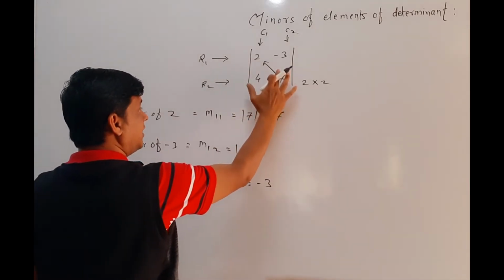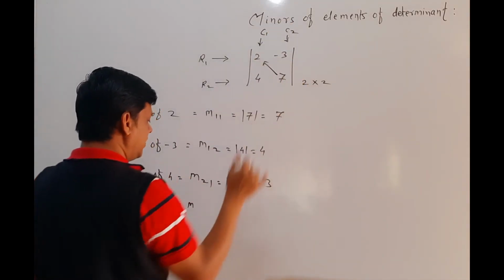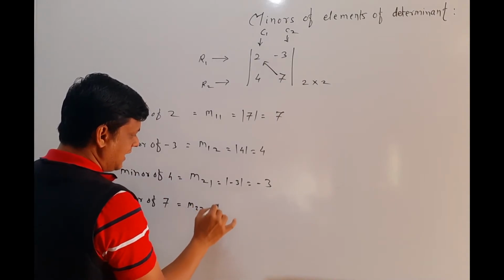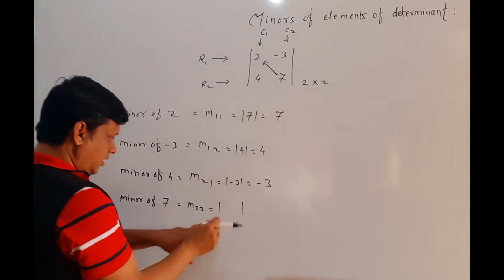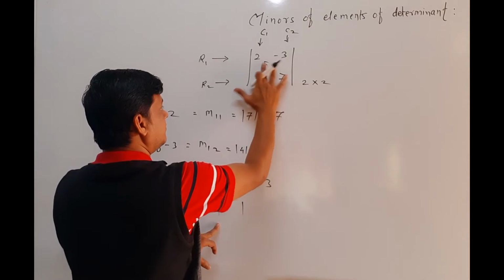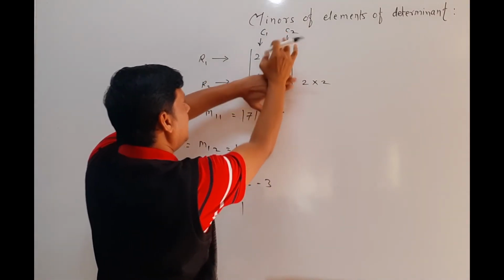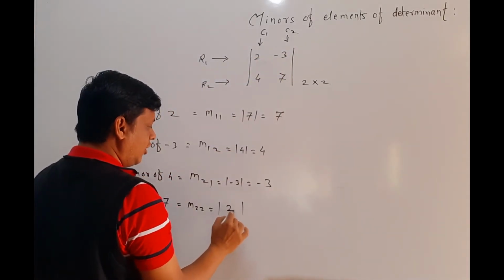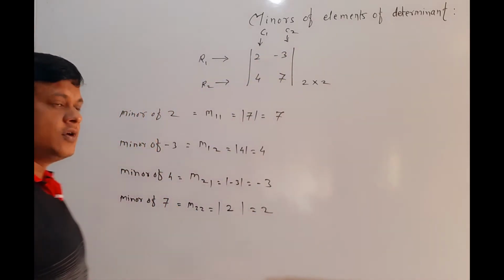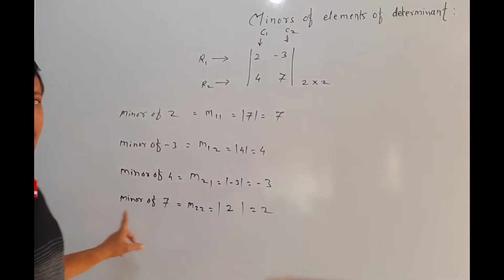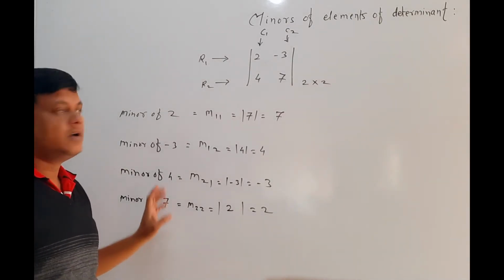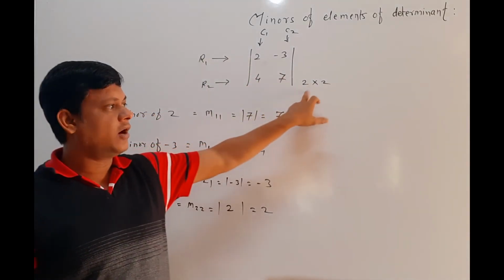Now this 7 lies in the second row, second column, so we write M22 as the minor is equal to. Now we skip the second row and second column, so we calculate the determinant of 2, which equals 2. In this way we calculate the minor of each element of a determinant of order 2 by 2.